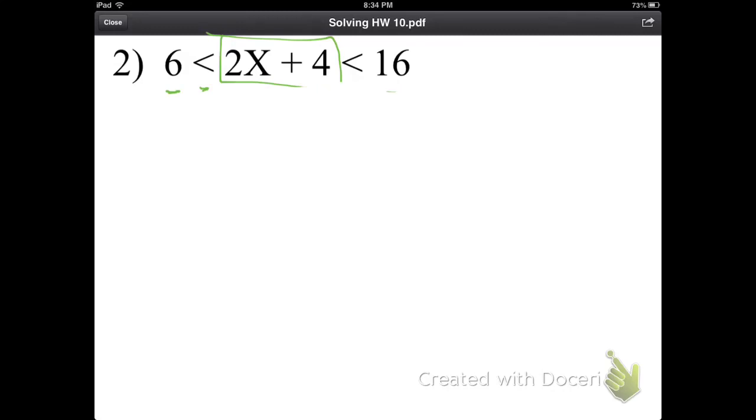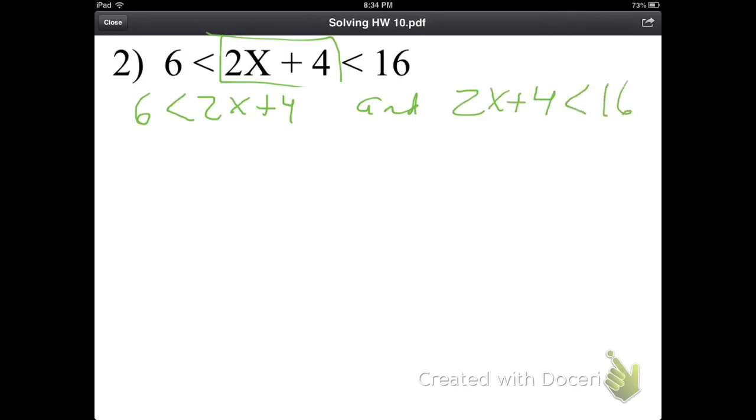Whenever you see this compact version, it is an "and" statement. This one line is really two inequalities separated with an "and". You've got 6 is less than 2x plus 4, and 2x plus 4 is less than 16.